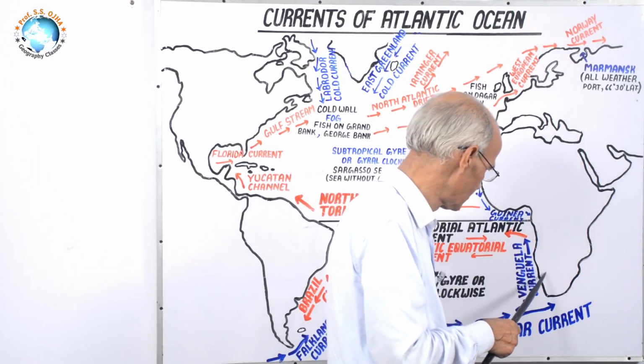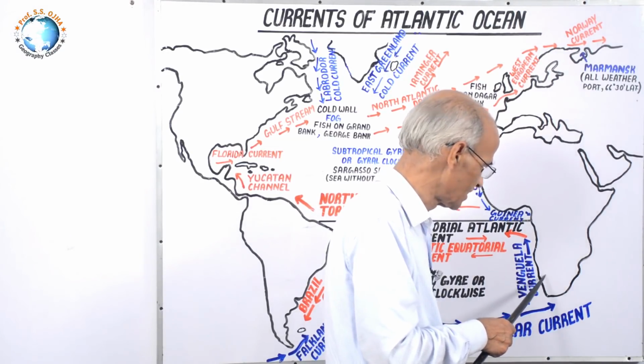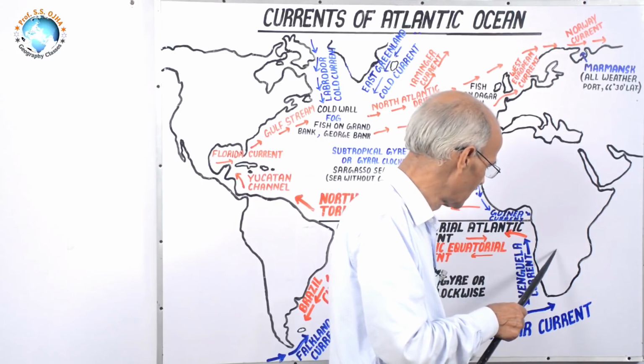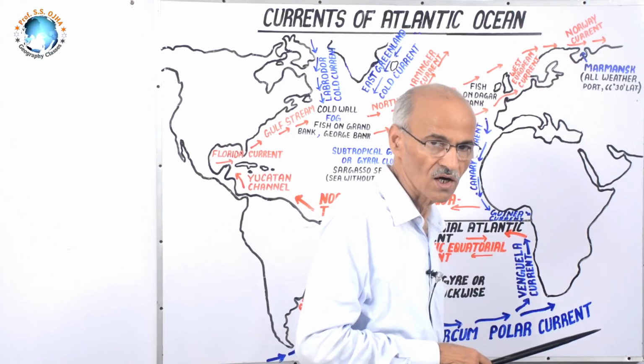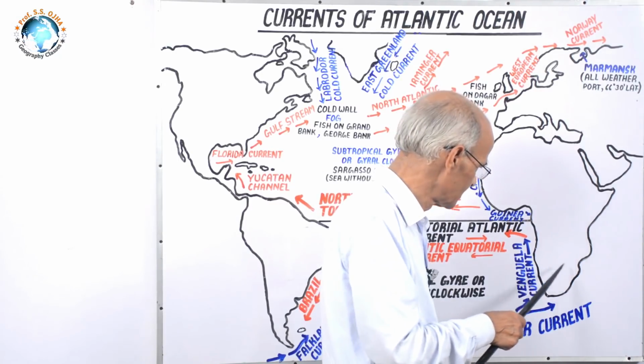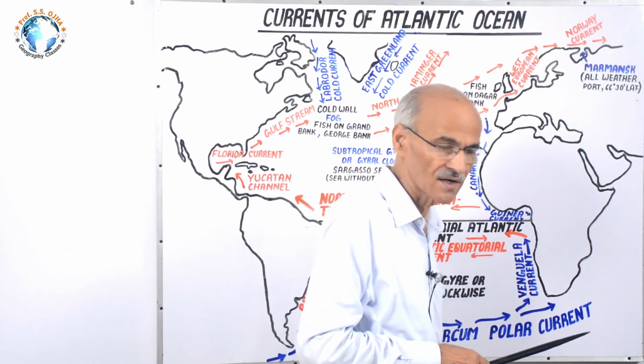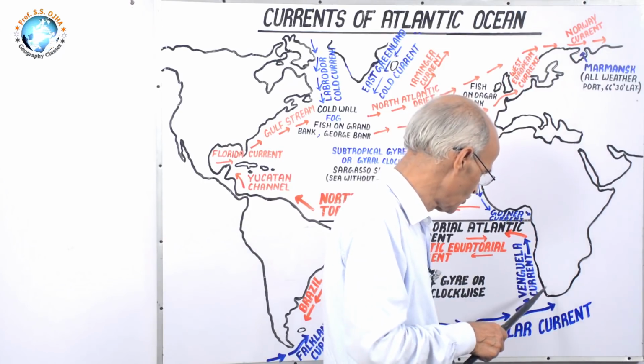And here you know that there is one desert, Namib, and one desert, Kalahari, and these two deserts are warm deserts because they are located on the Tropic of Capricorn.